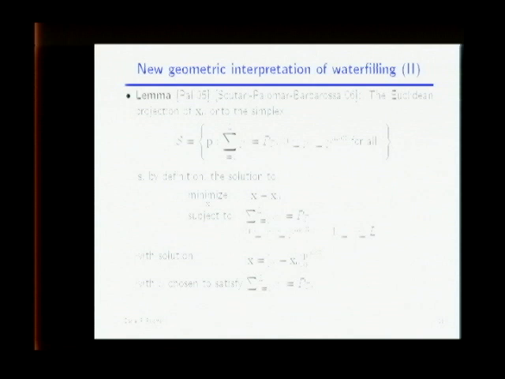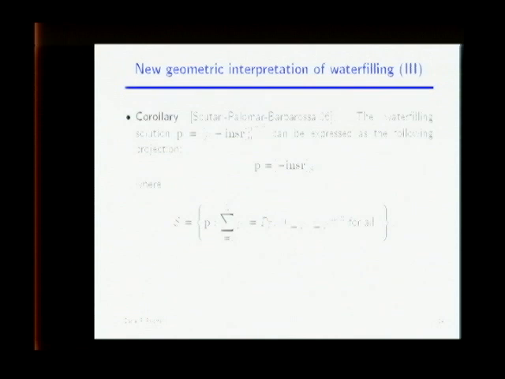So here comes the final result. The classical expression of the waterfilling can also be written like this projection: the projection of the vector of the inverse gains onto this set. This denotes projection onto this set, and this is the simplex. So it's like magic. It's very simple.